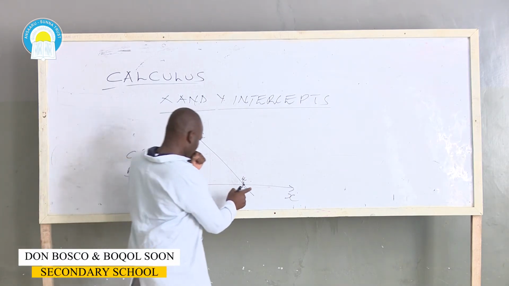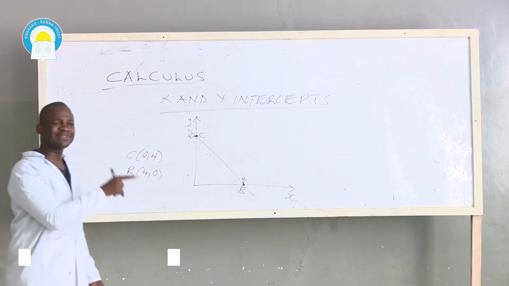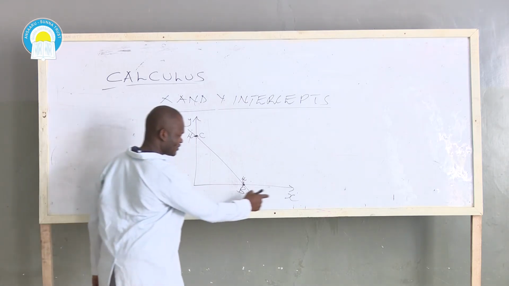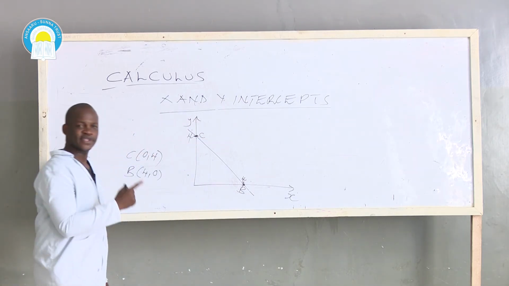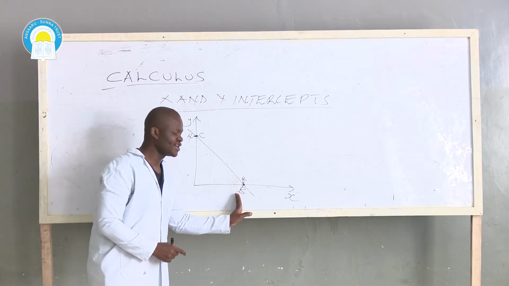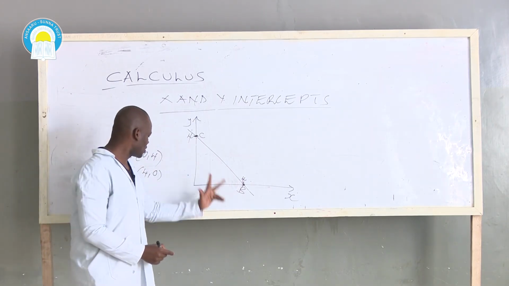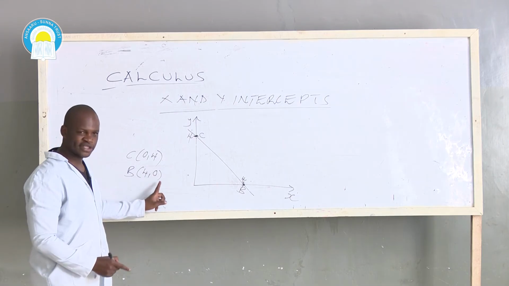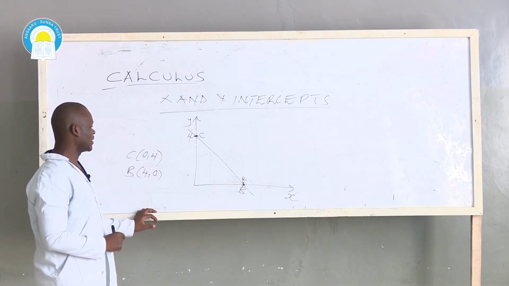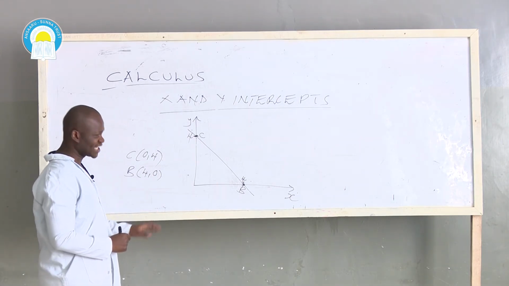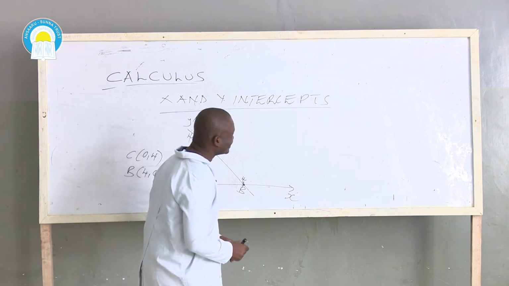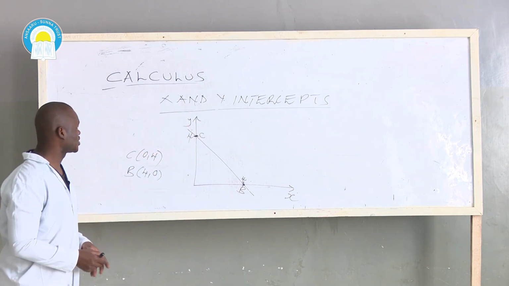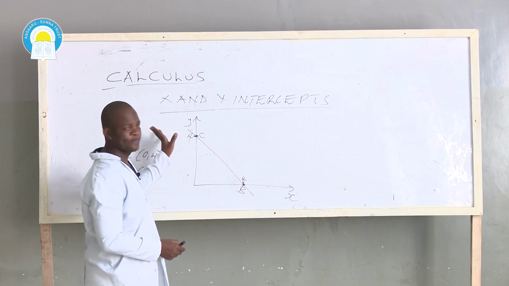Now, the x-intercept is a point found on the x-axis. Any point on the x-axis will have its corresponding y value being what? Being 0.